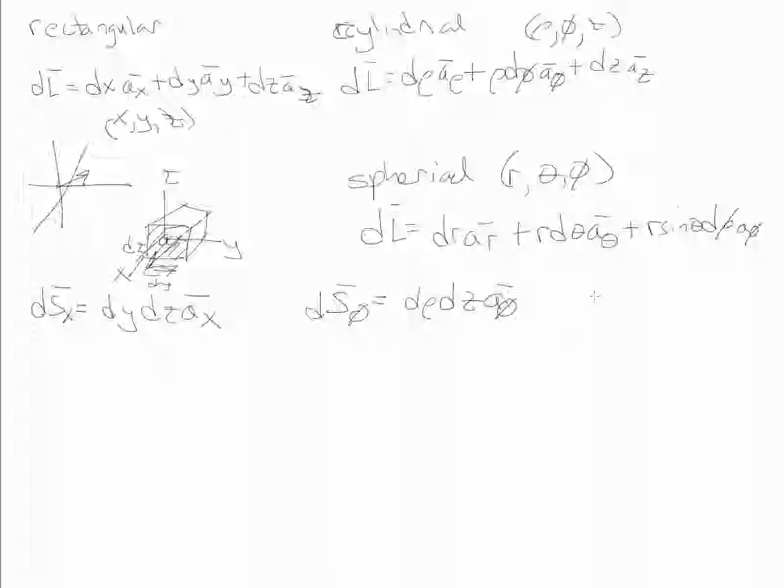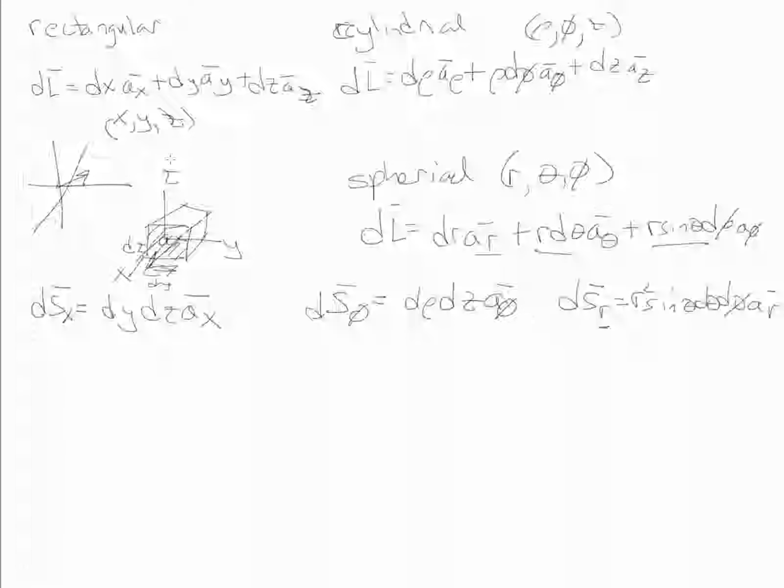And in the spherical system, if you wanted to know, say, the r surface, that would be the other components, so that would be r squared sine of theta d theta d phi ar. So it's always the other two components tacked onto whatever you're looking for. So again, for this guy, it would be this component plus this component tacked onto this component.